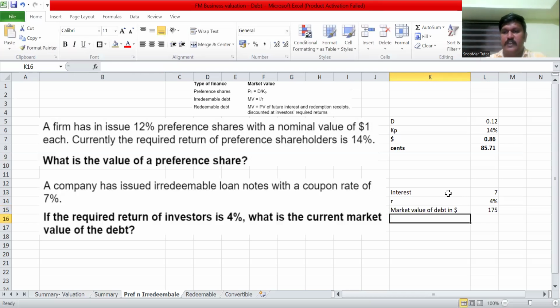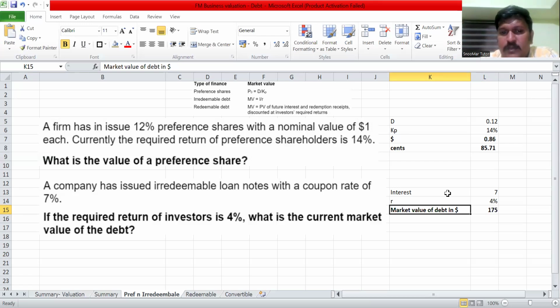So this is also straightforward. We can just calculate this value using the given information from the question, just like the preference shares. You just need to use a formula and apply this particular concept.